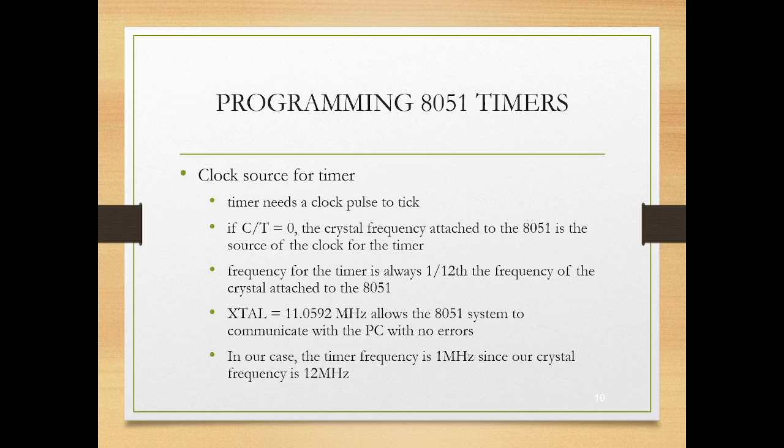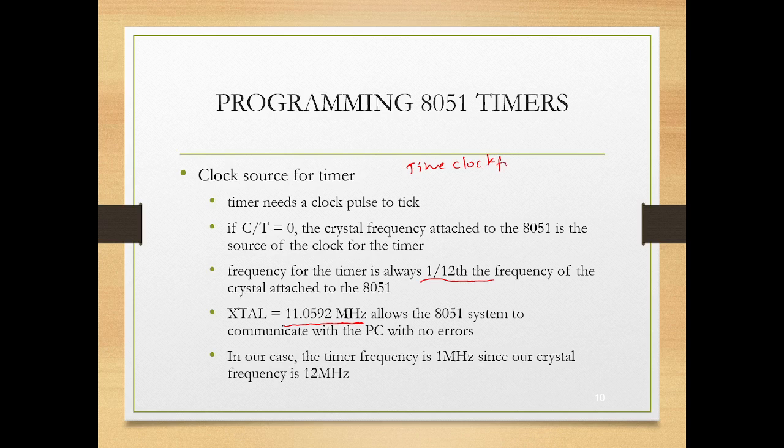For example, say we have a crystal frequency of 11.0592 megahertz, then the microcontroller will provide 1/12 of the frequency of the crystal. So finally we can calculate the timer clock.